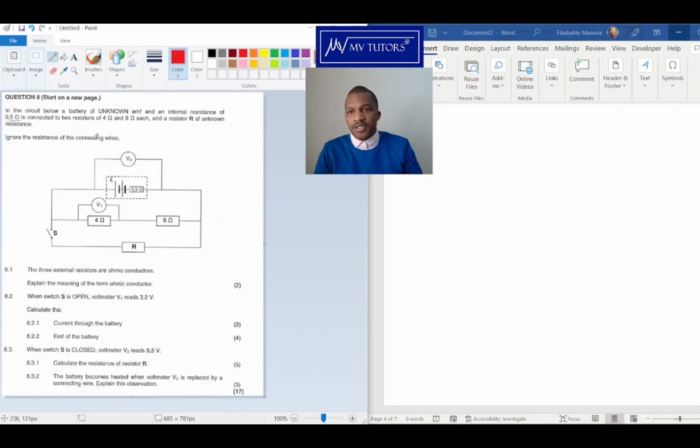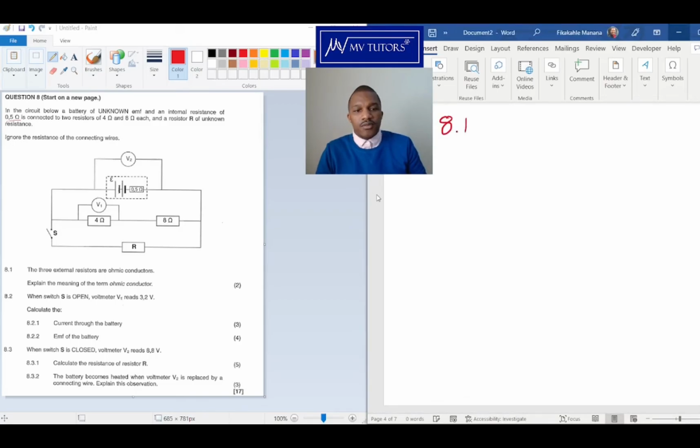Ignore the resistance of the connecting wires. The three external resistors are ohmic conductors. Explain the meaning of the term ohmic conductor. Okay, let's get into it.